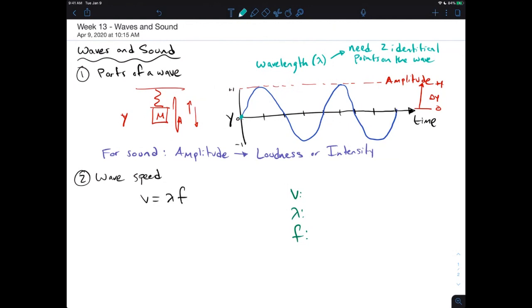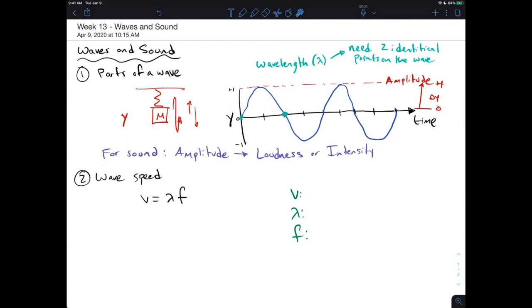So if I were to choose the next identical point, I can't choose this. You might think this is the next identical point, right? This is 0, but these are different. In the first point, my mass was at 0, but it's moving up. In the second point, my mass at 0 is moving down, right?